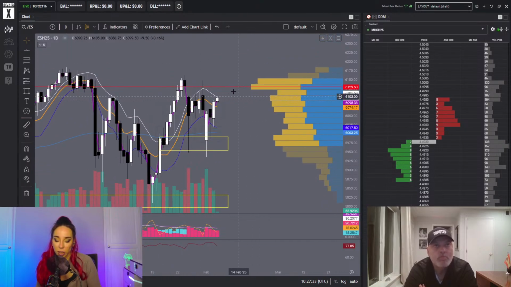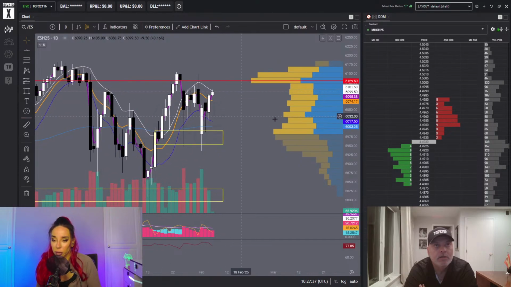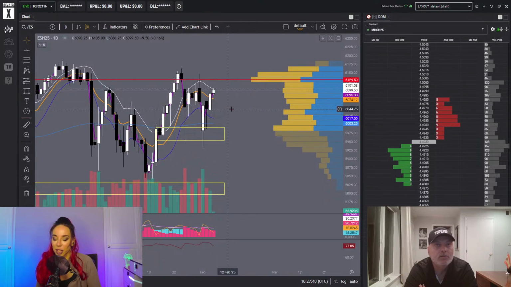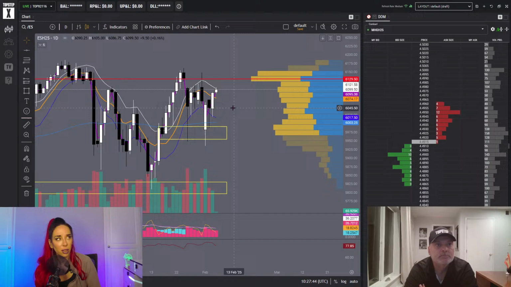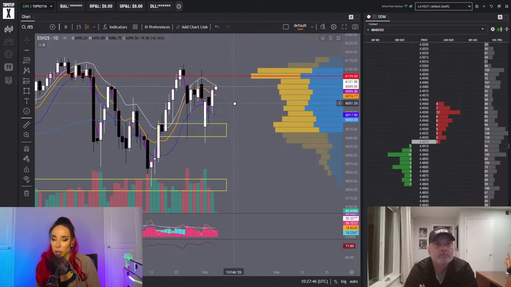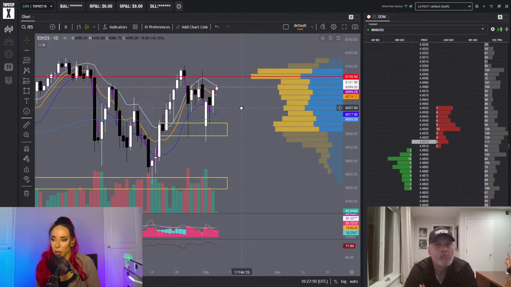We're compressing, and I don't know what they're waiting for. Because again, I'm not a core equities trader, so I trade DAX, but that's just like 30 minutes to a couple of hours, and then I'm out. I don't necessarily need to know macro ins and outs. I'm a technician.